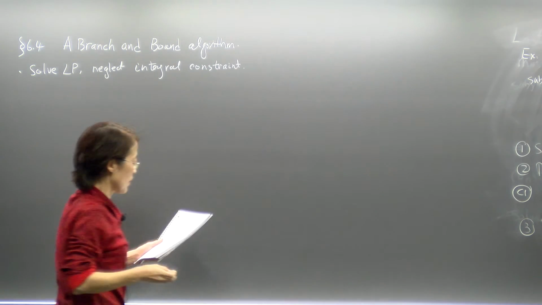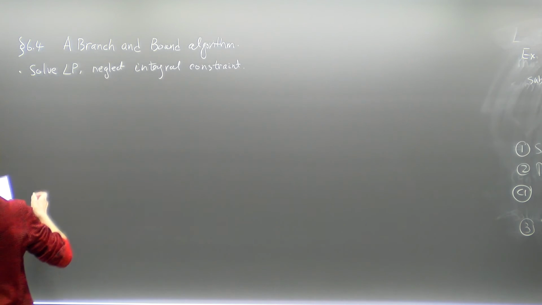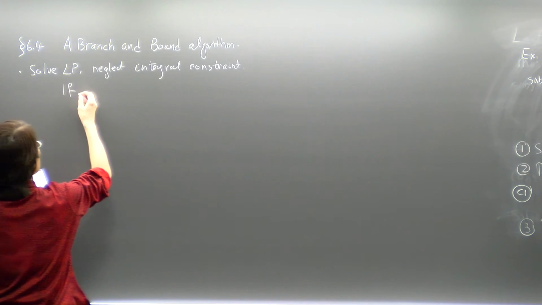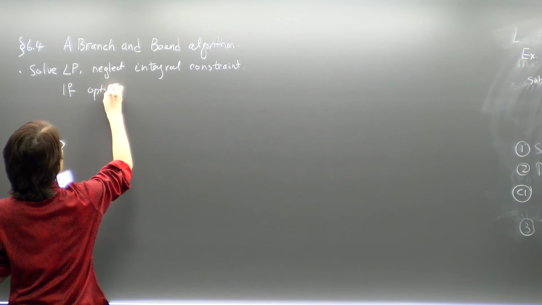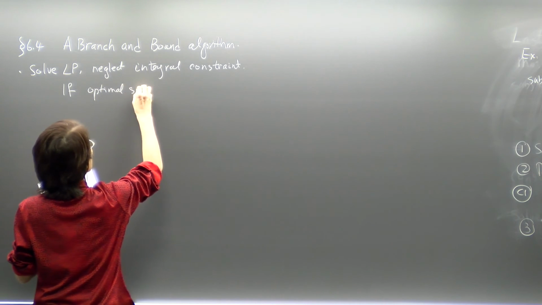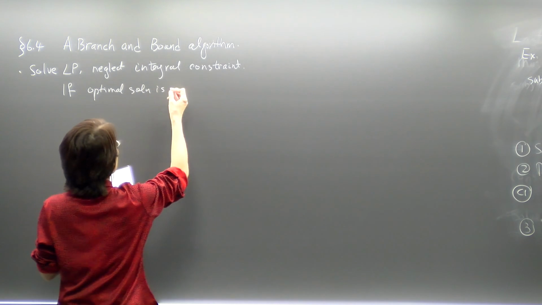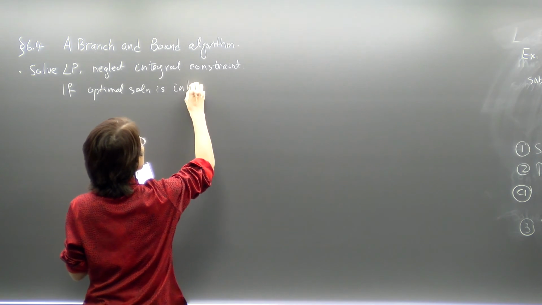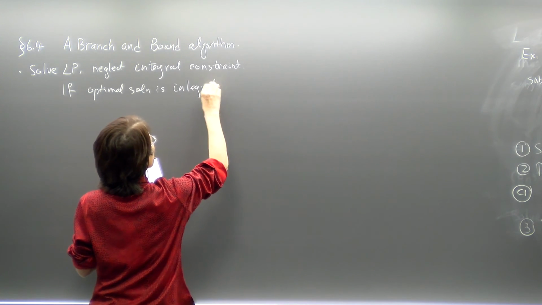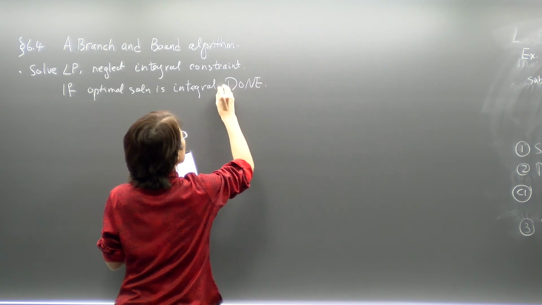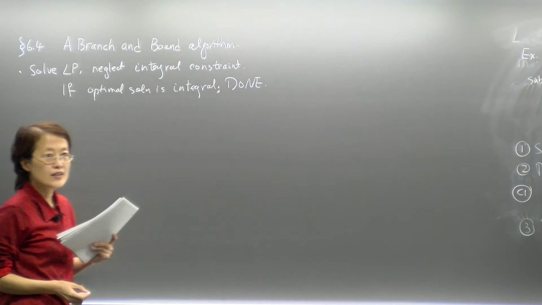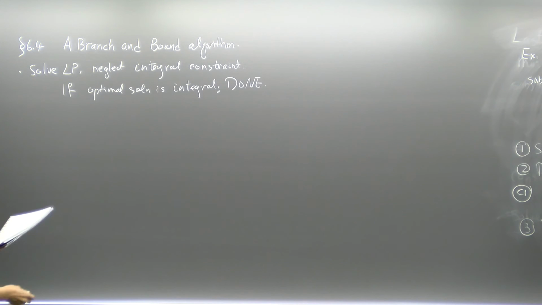So you see the simplex method will be used over and over, and then you check the answer. If the optimal solution is, if you're so lucky that first try it's already integral, then you're done. Nothing else. Okay? That usually doesn't happen.